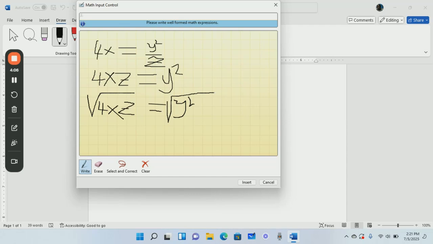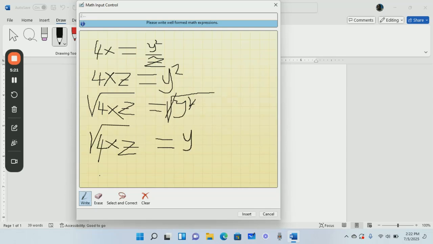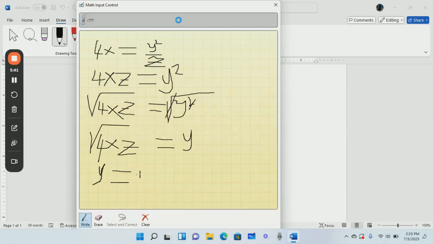So this is how you do it. The square root of 4 is 2, so we have 2 times the square root of xz.